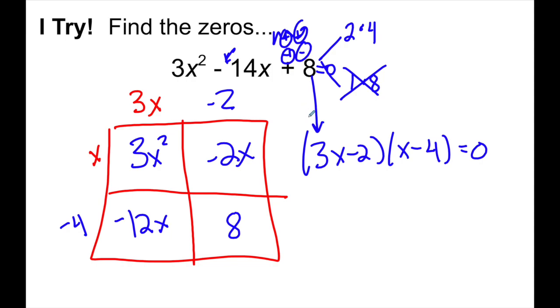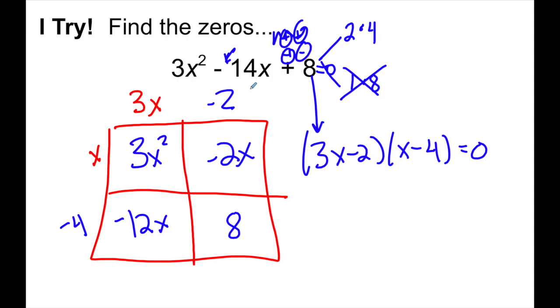Which means that anything that makes the standard form 0 also has to make the intercept form 0, and anything that makes the intercept form 0 has to make the standard form 0.